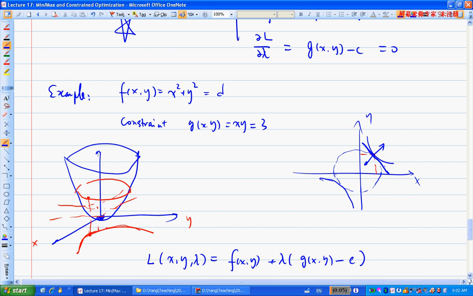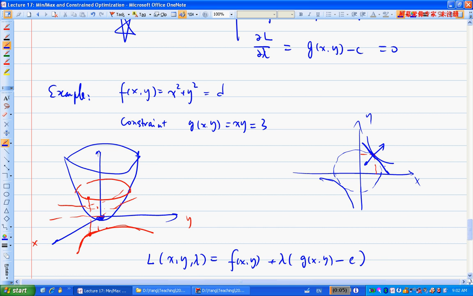This surface is x squared plus y squared. That's a surface. And this circle is x squared plus y squared equal to 6. I pre-plotted the circle right here. And this dot is going to be the dot walking along xy equal to 3.